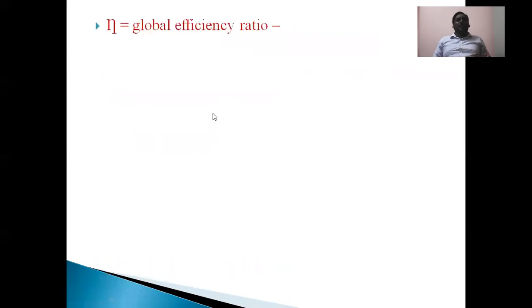Finally, eta is the global efficiency ratio. This value can vary between 0.7 to 0.9.